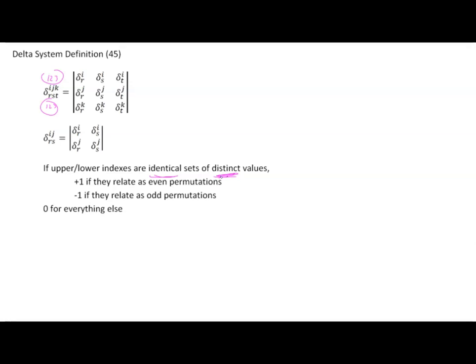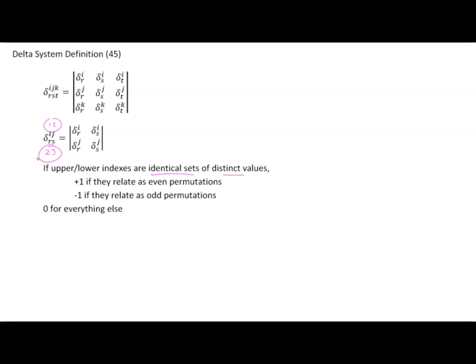That is the distinct portion of this. And the second is that the indexes have to be identical sets. For example, if i and j are 1, 2, and r and s are 2 and 3, then this condition is not met because they're not identical sets. They're distinct, but not identical.